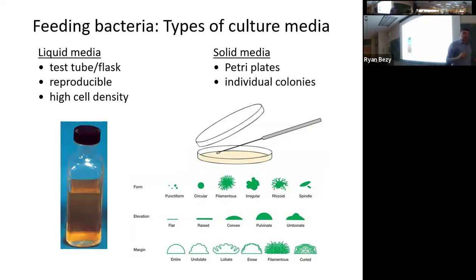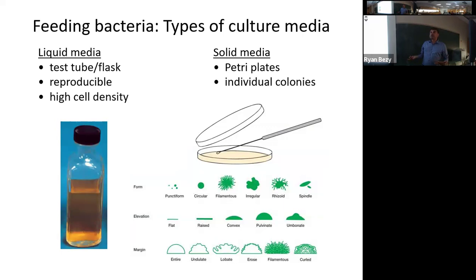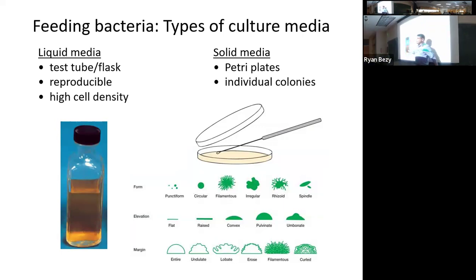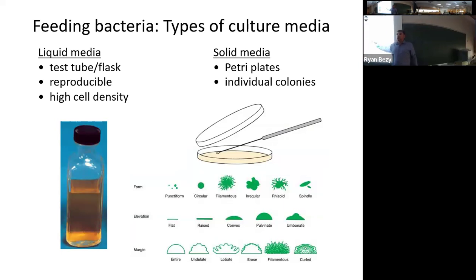So what you get in liquid media is really high growth rates and a large number of cells to study. So liquid media is really good for quickly growing a large population of cells. Solid media is nice when you want to make sure things aren't contaminated or you want to store them for a longer period of time, for instance.